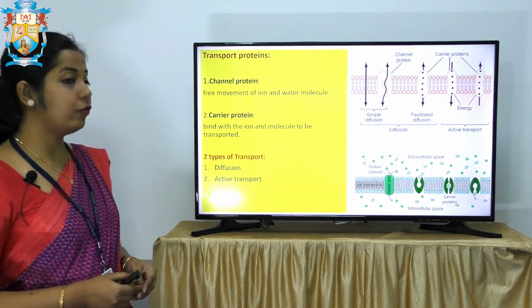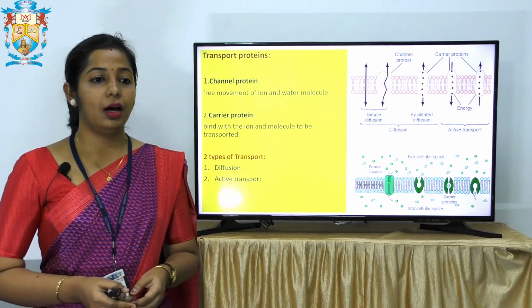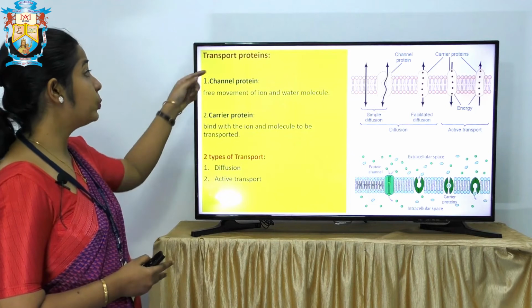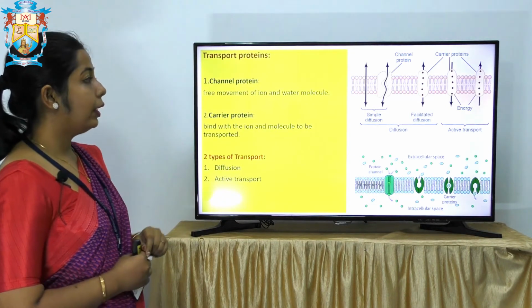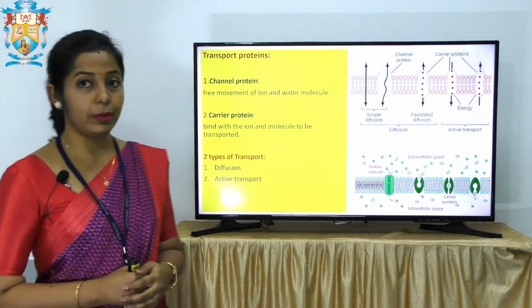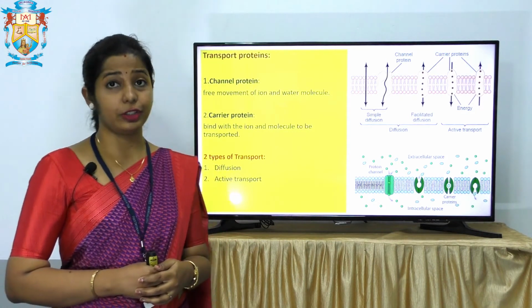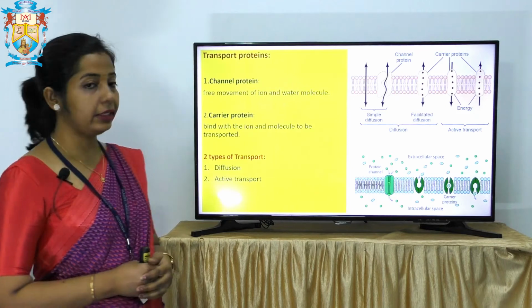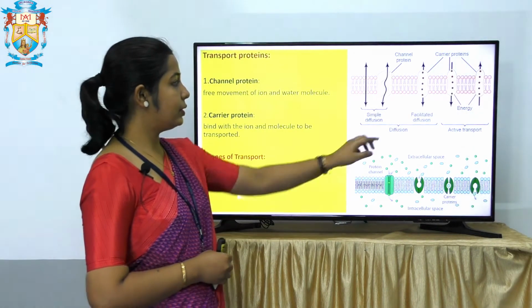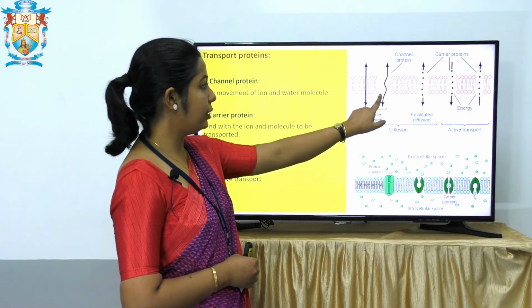One of the important functions of protein is that it acts as a transport protein. In the biological membrane, there are mainly two types of transport proteins, channel proteins and carrier proteins. As you can see in this picture, this is a channel protein.